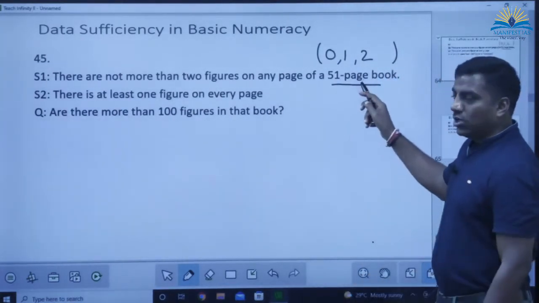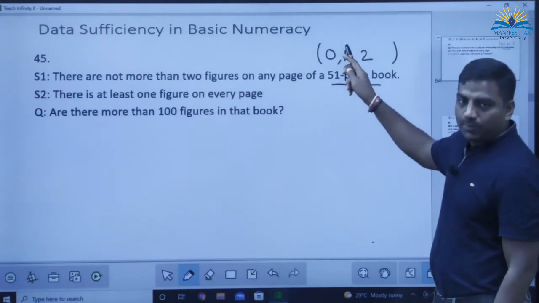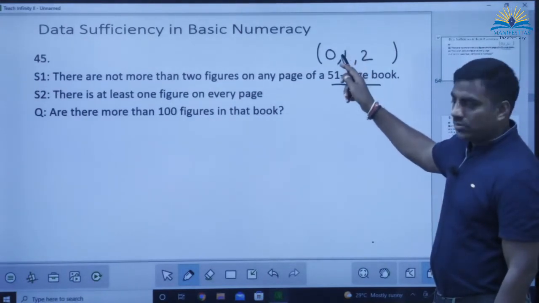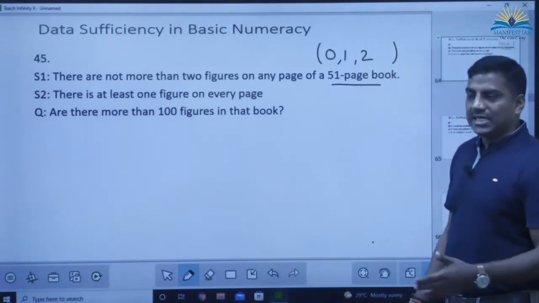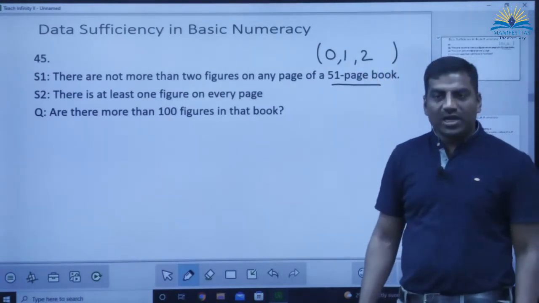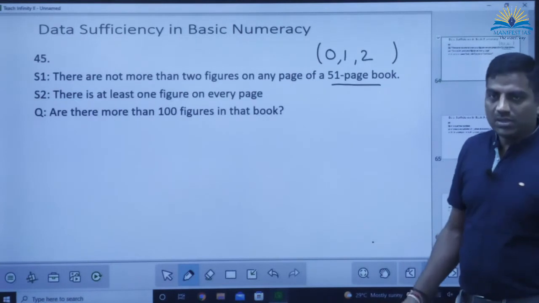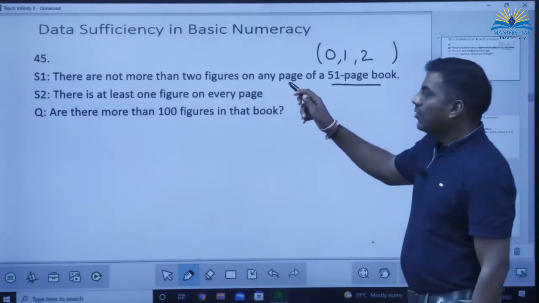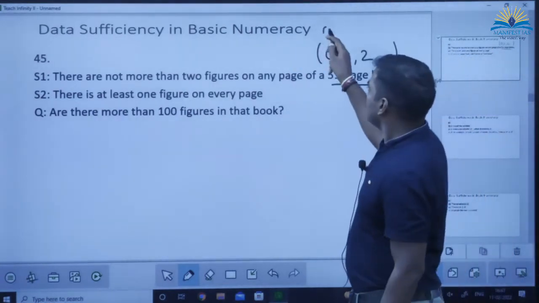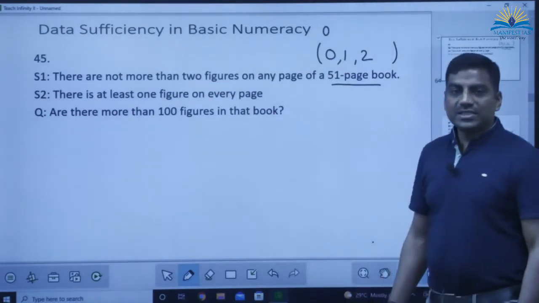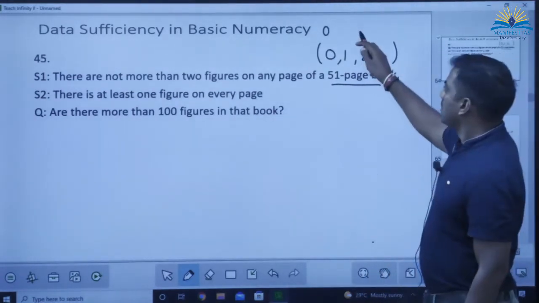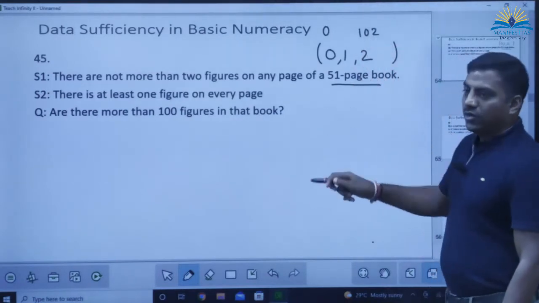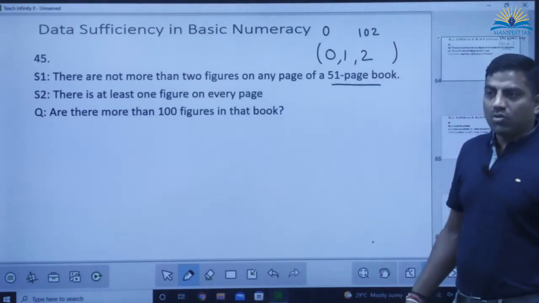Then go to the question. In a 51-page book, the number of figures per page can be 0 or 1 or 2. If you don't consider any figure on any page, then what will be the total number of figures? If you consider 2 per page, this will be 102.